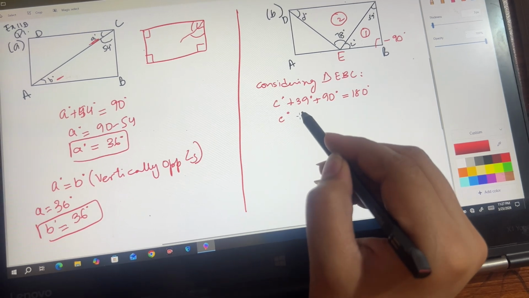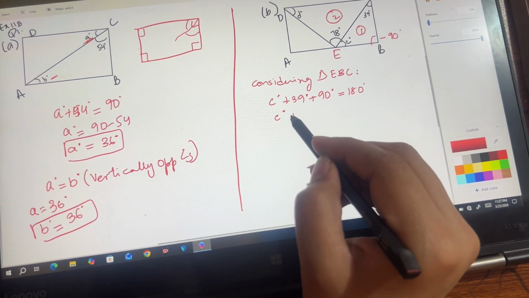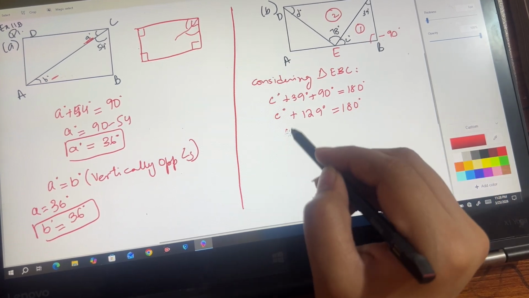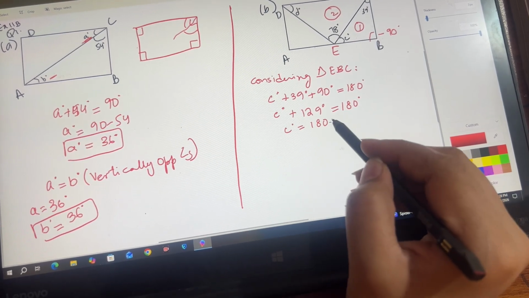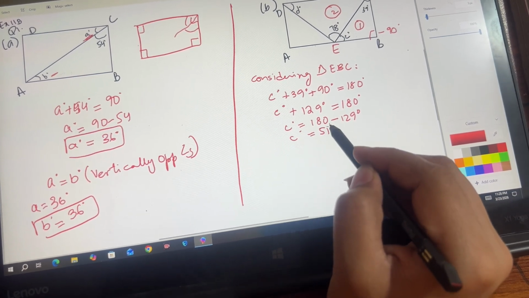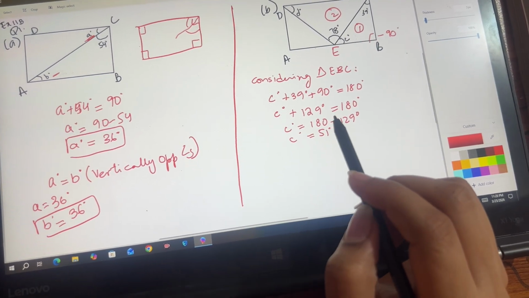So 39 plus 90 will be 129, equals to 180 minus. So C degree equals to 180 minus 129. So C degree equals to 51. So the value of C is 51.